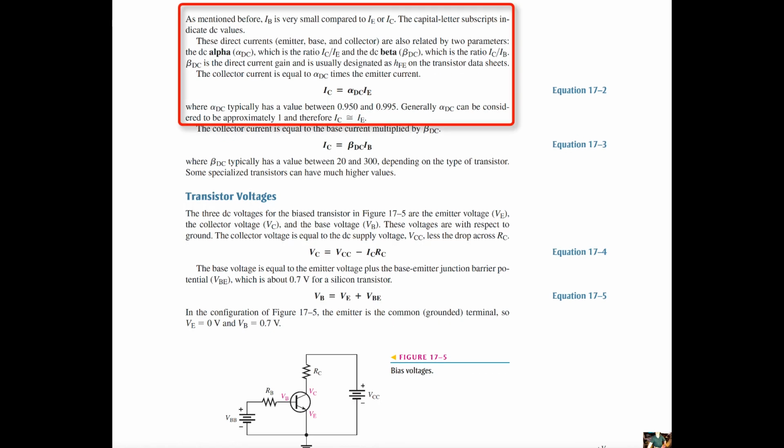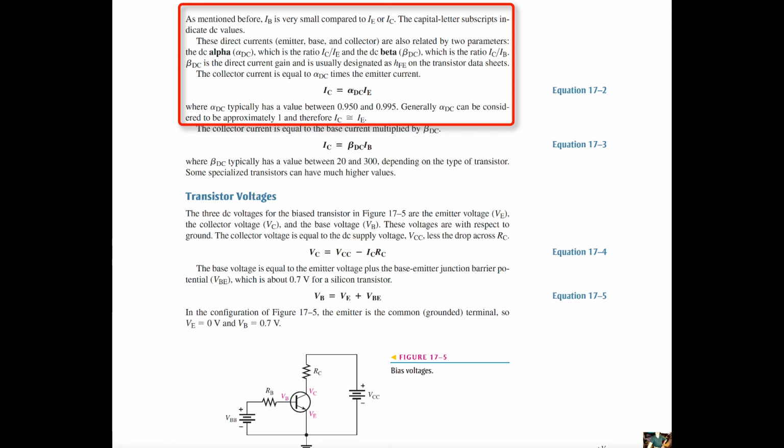As mentioned before, the base current is very small compared to the emitter or collector current. The capital letter subscripts indicate DC values. These direct currents, emitter, base, and collector, are also related by two parameters.